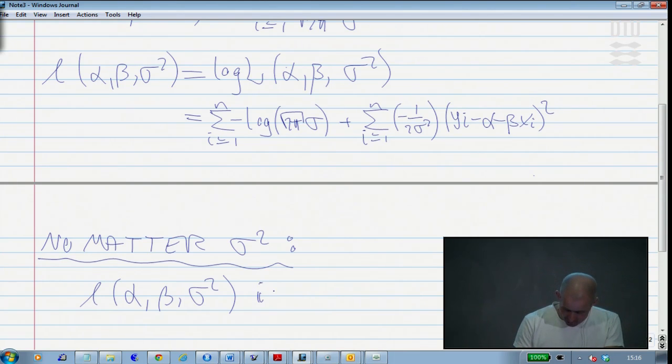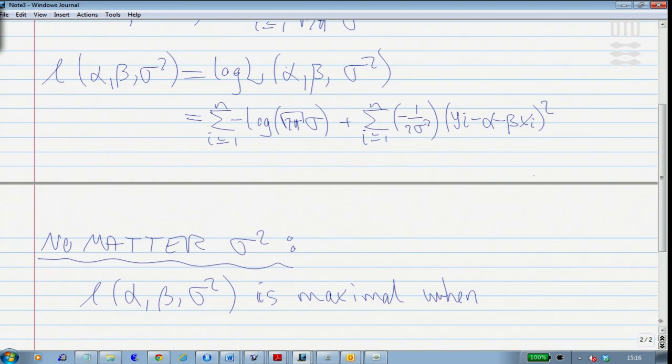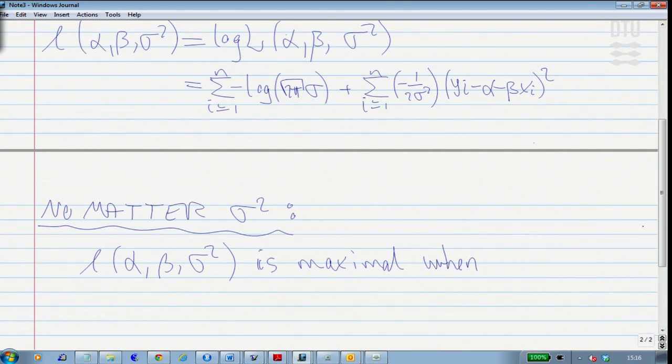So the log likelihood is maximal when, with respect to alpha and beta, this first term doesn't really matter. Only this one matters, to find an alpha and a beta that maximize this. Only this one matters, and the sigma cancels out, and there is a minus.